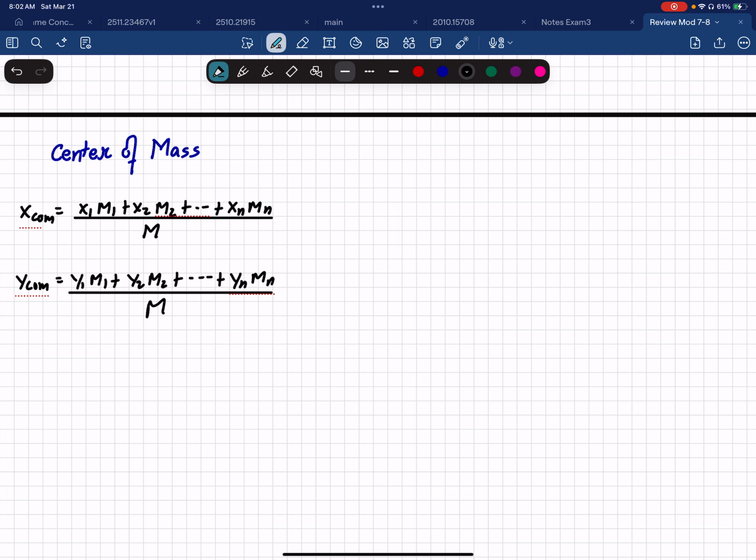And if you write it as a vector, this becomes center of mass x plus y center of mass y.